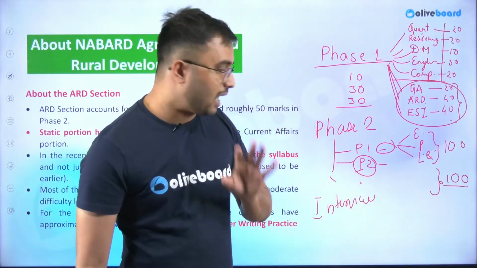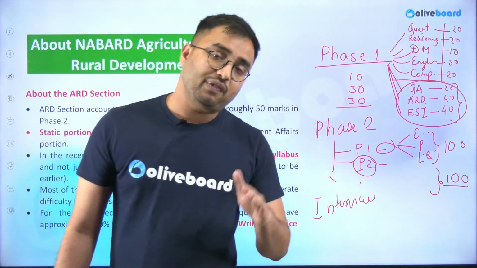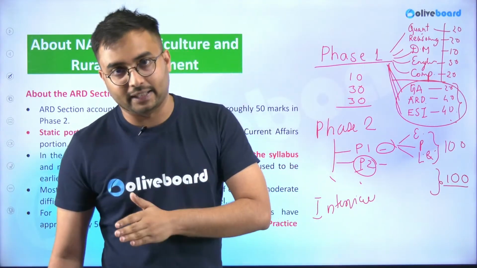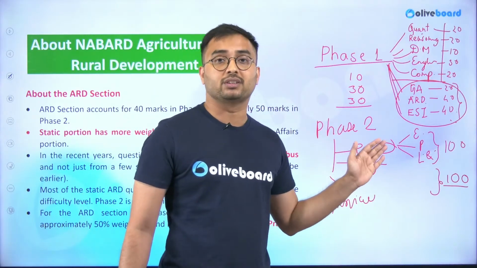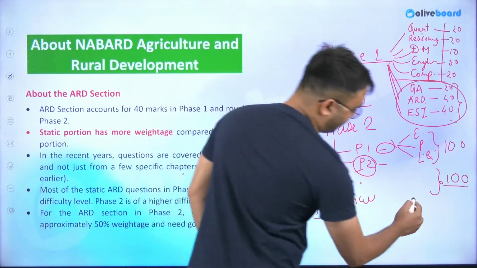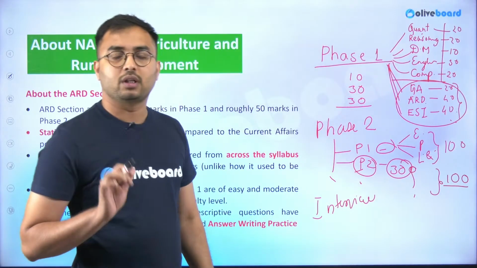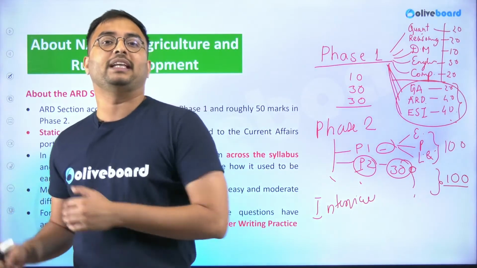Of the 50 marks of objective MCQs, 25 marks are for ESI and 25 for ARD. In total, 30 MCQs are there: 15 questions for ARD and 15 questions for ESI.